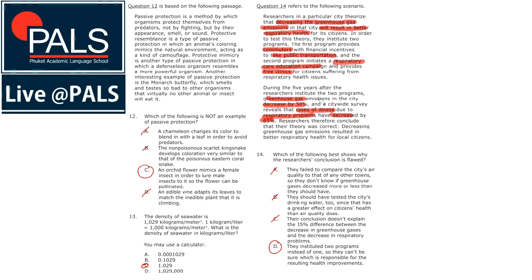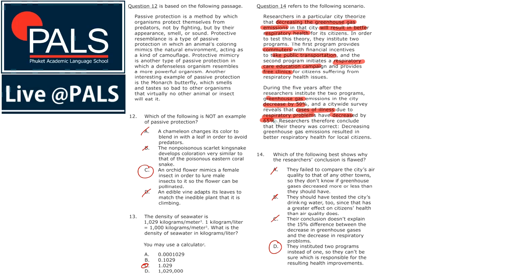So since they changed these two things at the same time, in our results we can't really say, we don't really know which of the two, the reduction in greenhouse gases or the free clinics and improvement for respiratory health issues, in the end led to the decrease in respiratory problems in the citizens.